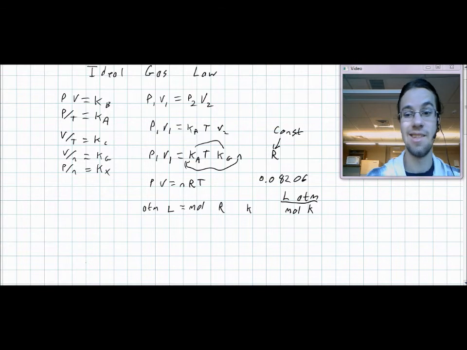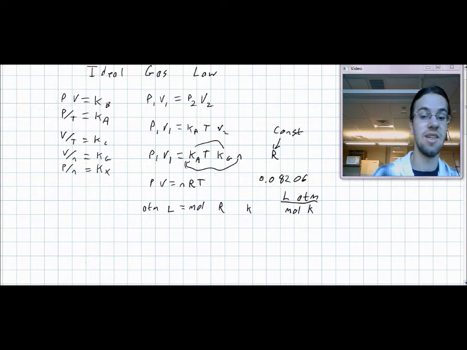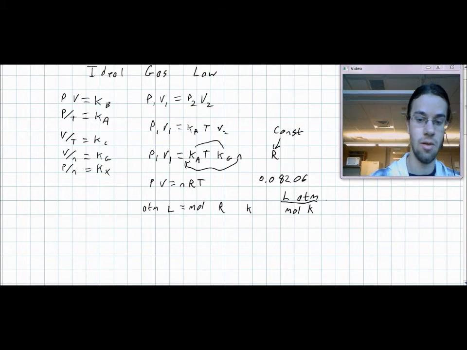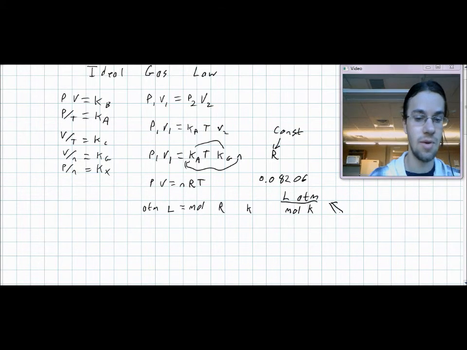But in the standard version, you will see this equation. It's liters times atmospheres per mole Kelvin. And we use atmospheres for pressure, liters for volume, moles for moles, the R value is right here, and then temperature in Kelvin. Now, the temperature can only be in Kelvin. Pressure can change out.